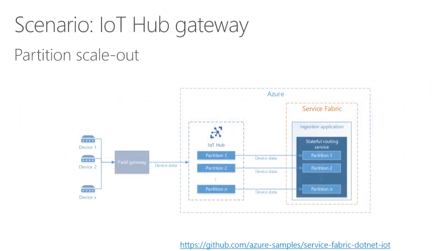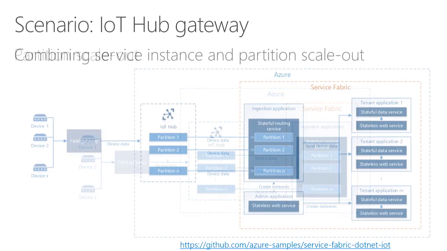So to show how this all comes together, here's a reference architecture that we have out on GitHub that uses an IoT situation where I have a stateful service reading from IoT Hub, and it's basically pulling in device data. I have a stateful service that is partitioned, and those partitions are each responsible for a portion of that data. Now, this stateful service has that same scale-out limit problem.